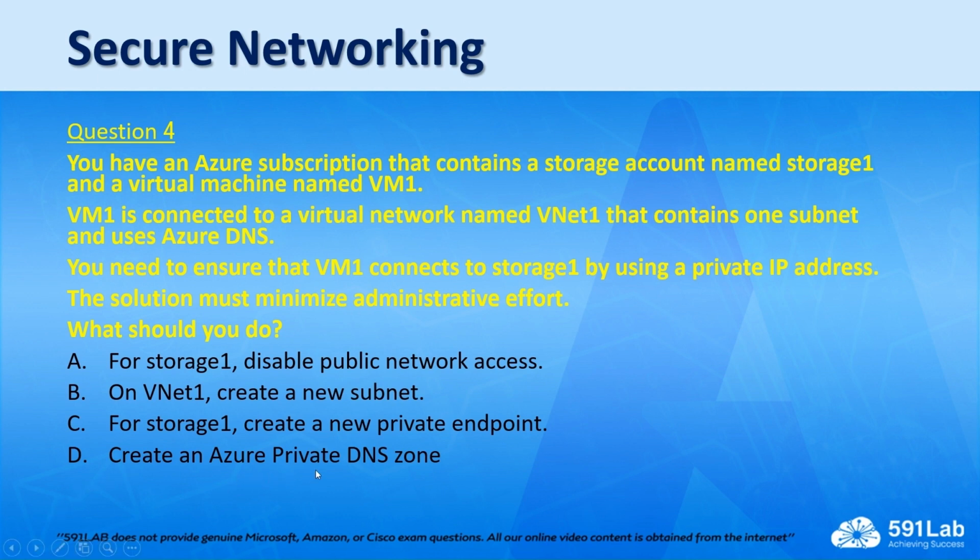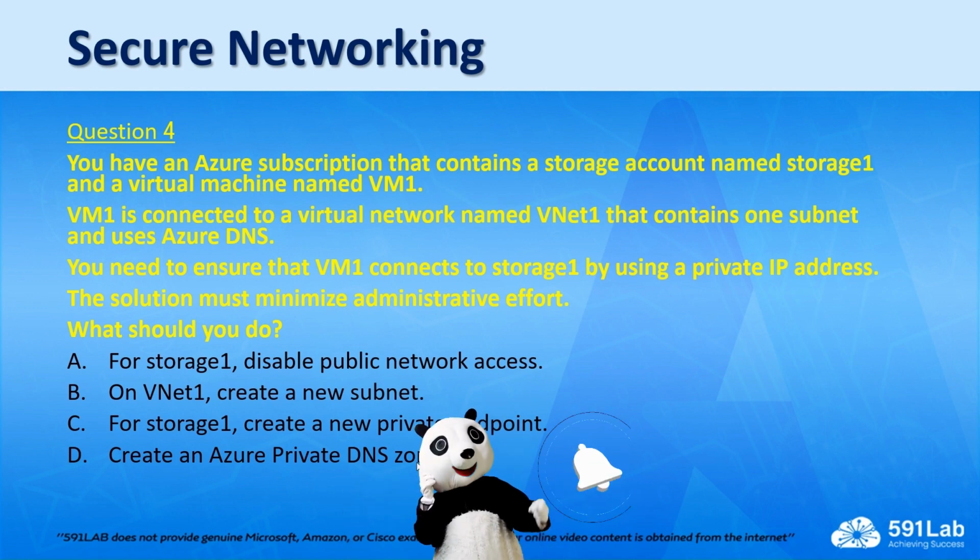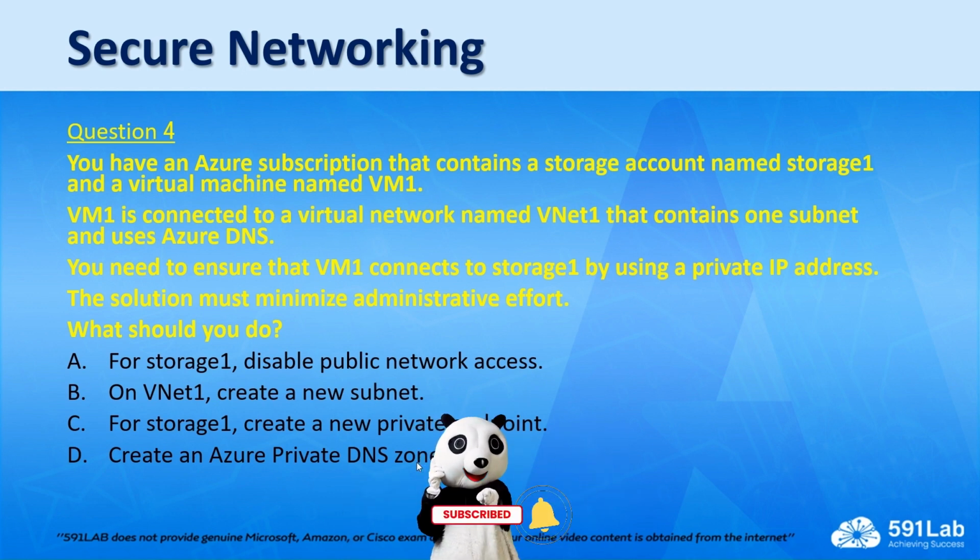D, create an Azure private DNS zone. No, this doesn't cut it, because as I've mentioned, when creating a private endpoint, you can choose to create a DNS. It's optional. Either create it or not create it. It won't affect the end result of accessing the storage account privately.